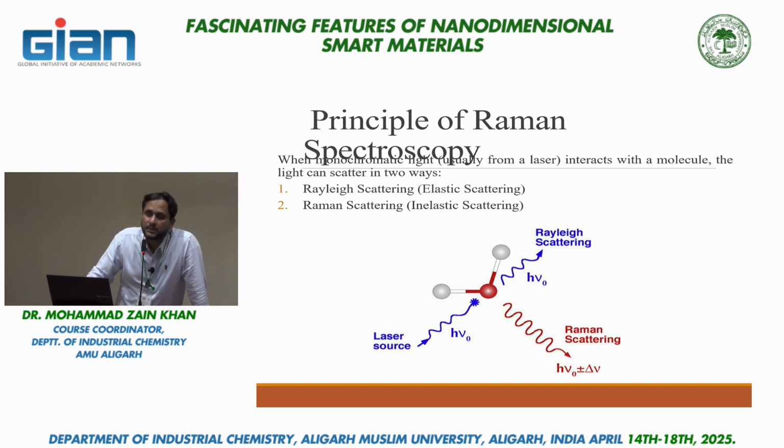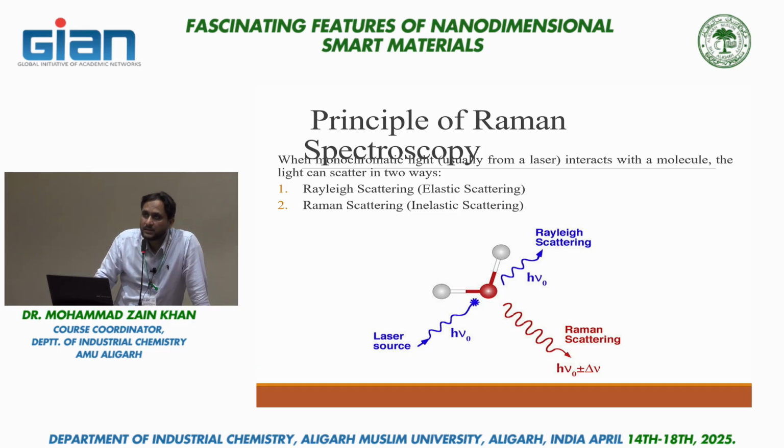In one of the possibilities, the scattered light has lower energy than the incident light, which means that some of the energy carried by the incident radiation has been absorbed, resulting in the excitation of the molecule, while the remaining energy is scattered.